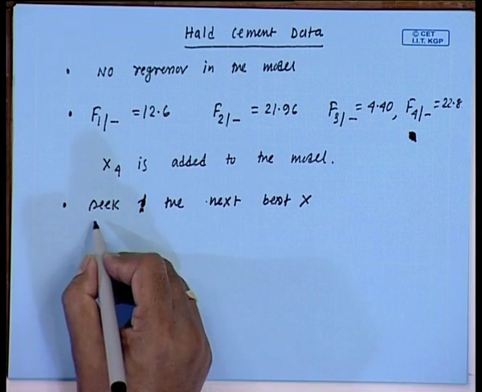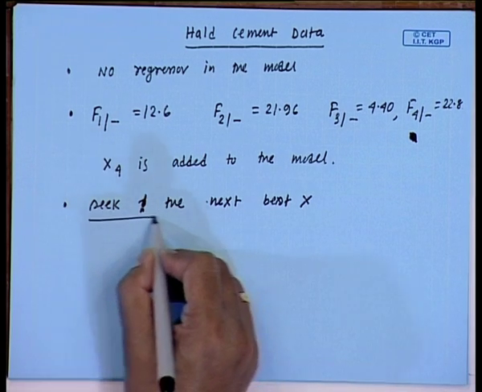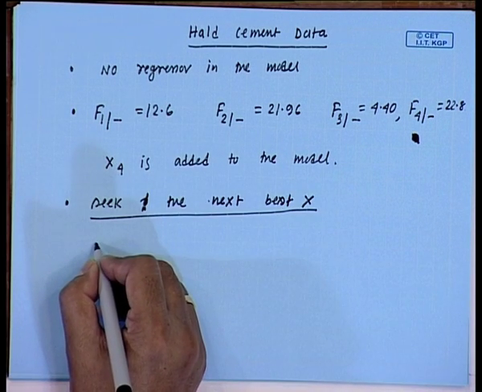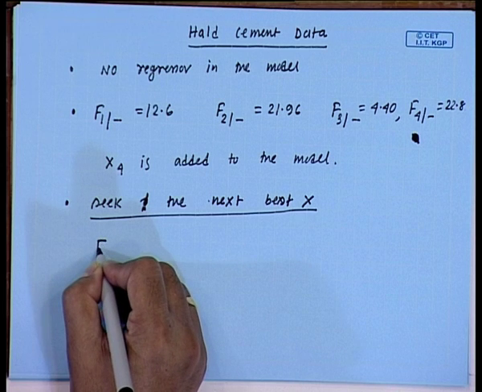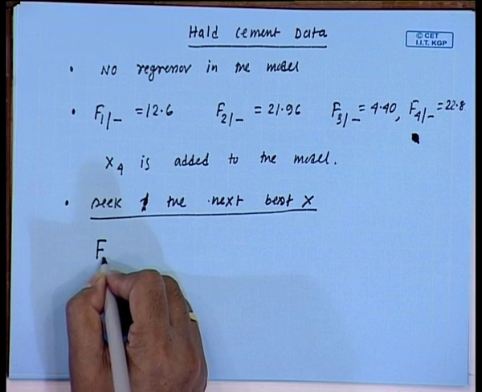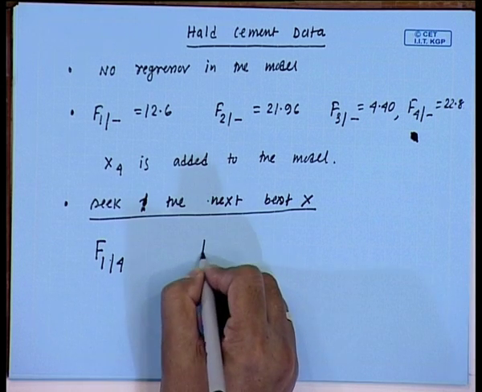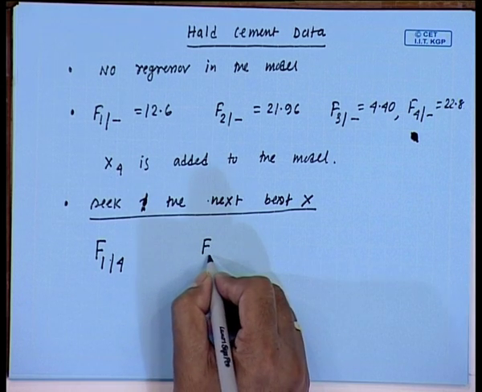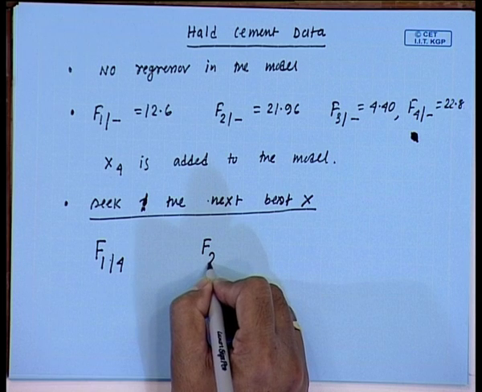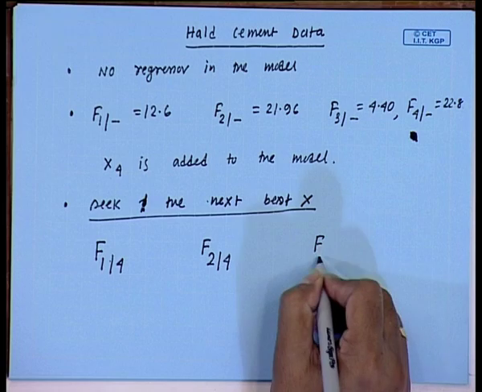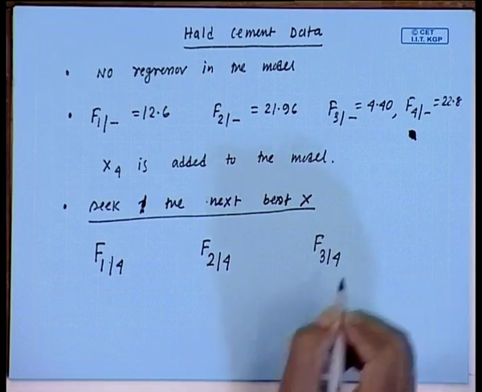Which one is the next best that can be added to the model? For that, we check the partial F value for x 1 in the presence of x 4 in the model. We check the partial F value for regressor x 2 in the presence of x 4 in the model, and F 3 4.